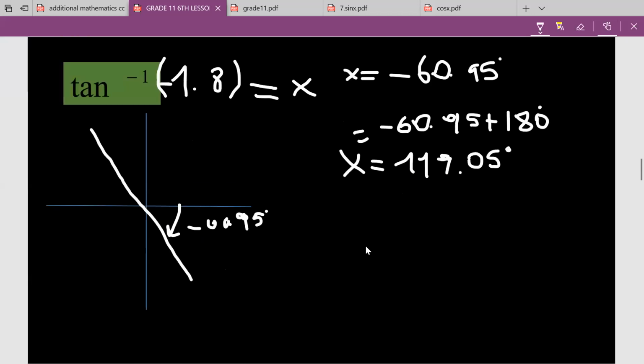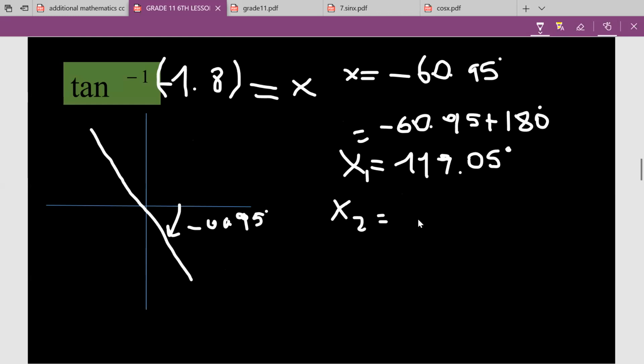Now, to find the other one, I will add 180 degrees more. To find the second one, let me write x2 and x1.